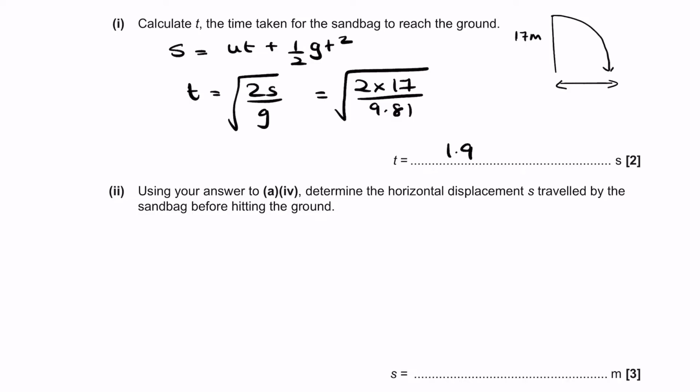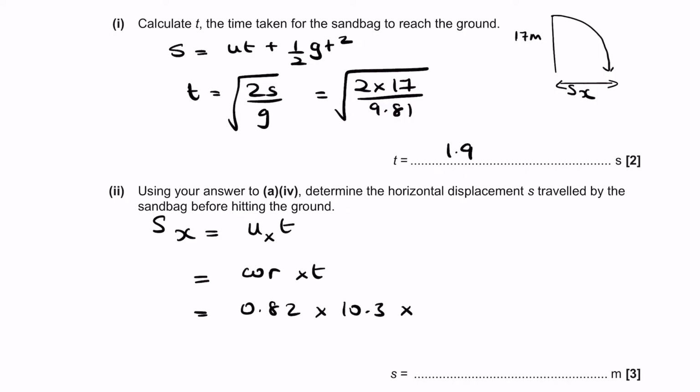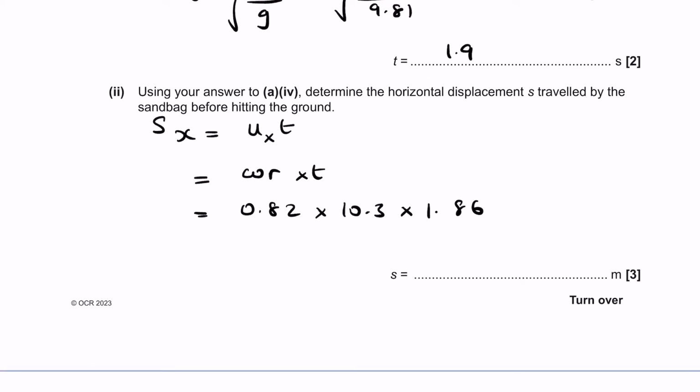So I can say that x, or sx if you want to call it, is equal to ux times t, where ux is given by the circular speed, so omega r times t. So omega is 0.82, r is 10.3, and t is 1.86, using unrounded values, and that gives me 16 meters for the answer.